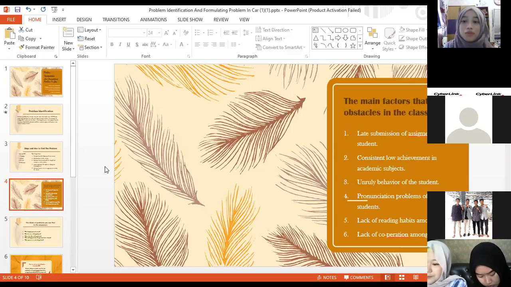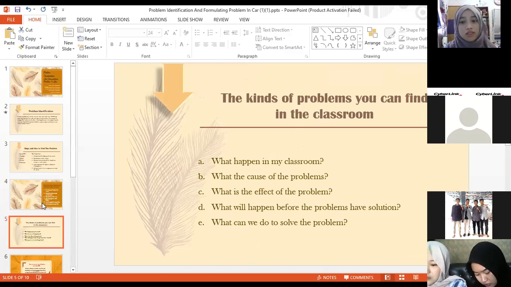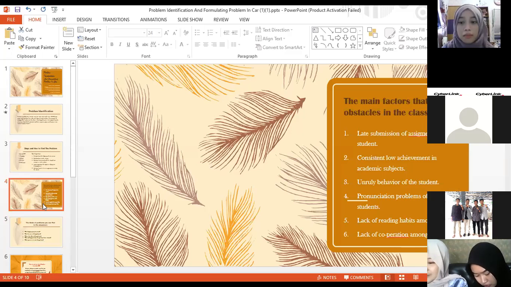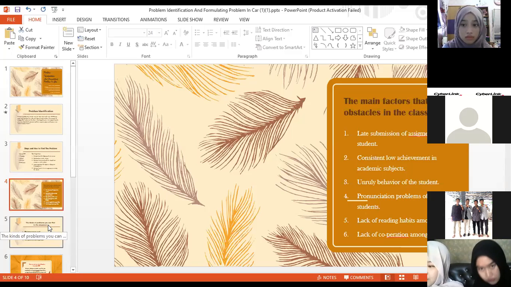Because in the teaching and learning process we have many kinds of problems that happen in a classroom, but from all the problems we face, we have to give priority to which one we have to solve first. So that's the main factor that becomes an obstacle in the classroom.